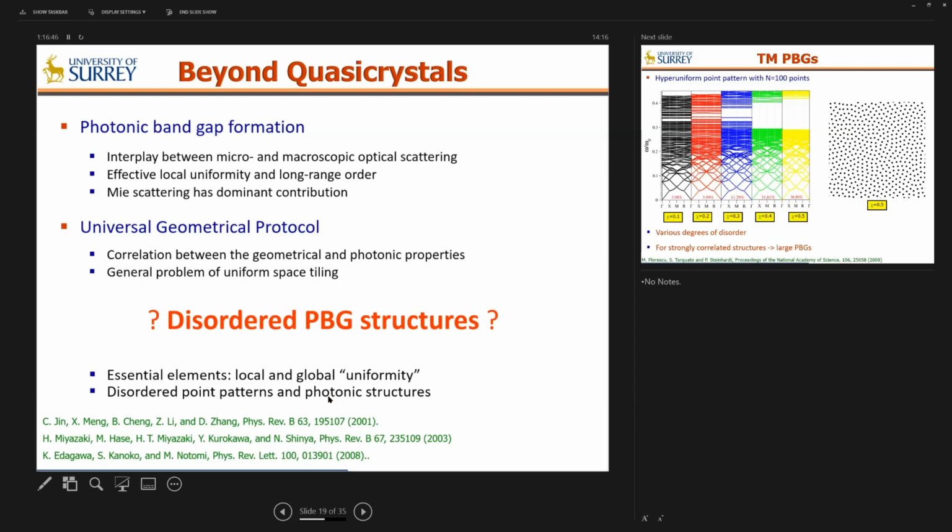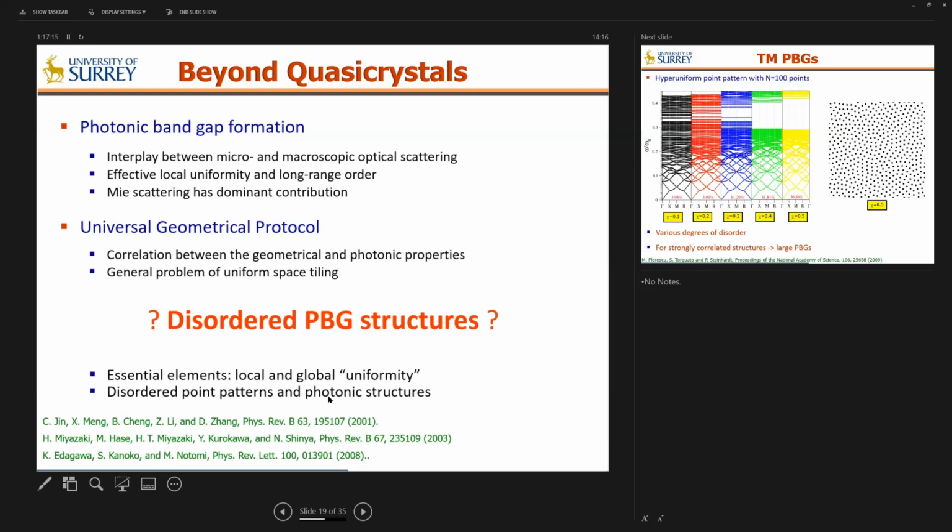Now, in the case of the quasicrystals, we've shown that while there is Bragg scattering, because we have Bragg peaks in the diffraction pattern, the role of the Mie scattering is now dominant and takes precedence over the Bragg scattering. And the question to be addressed is: is there a general class of aperiodic structures which allow for the formation of the band gap?